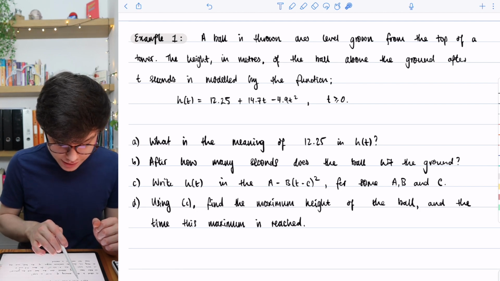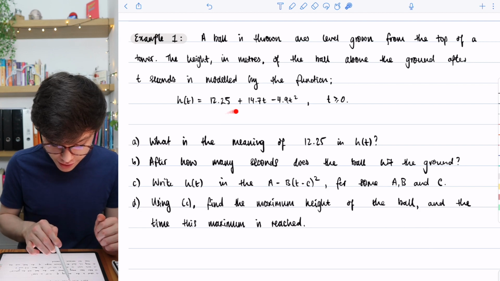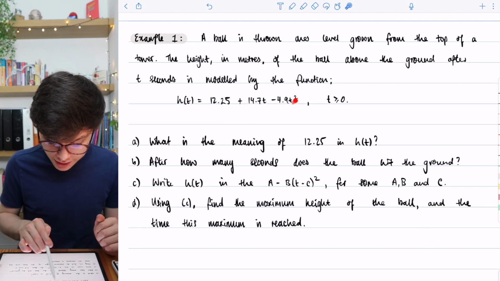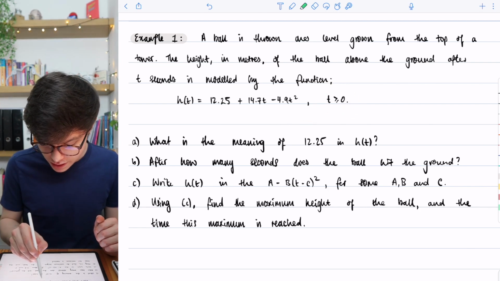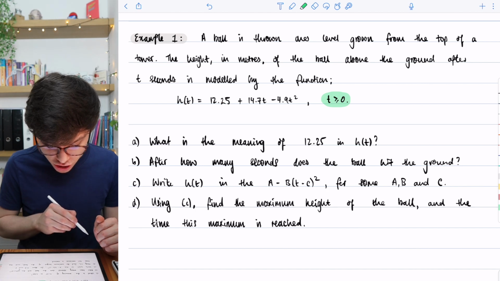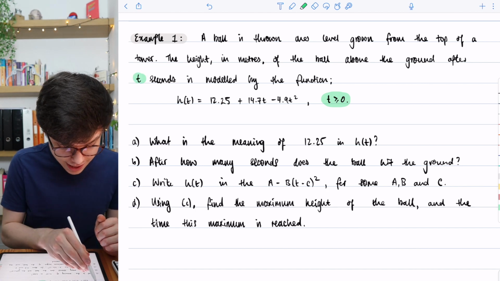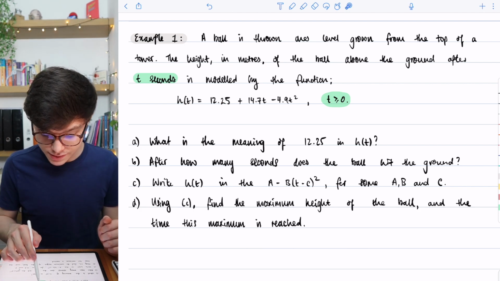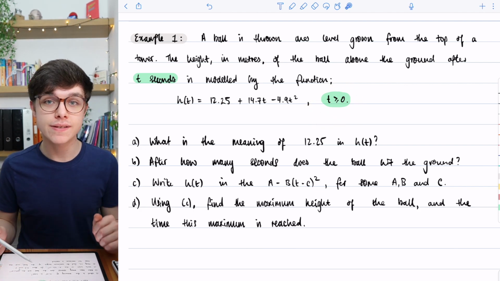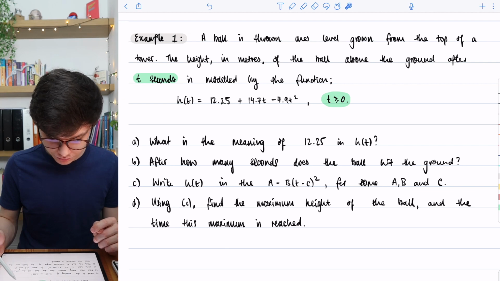So it's a quadratic, and we're modelling with a quadratic because we're putting it in a real life situation. So we've got the quadratic 12.25 plus 14.7t minus 4.9t squared, and t is greater than or equal to 0. That's quite important information because t is seconds. We can't have negative time, so it's taken that t is greater than or equal to 0.